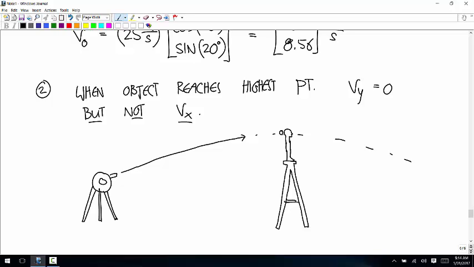And if you think about what would happen, I think it makes it more plausible that the entire velocity is not equal to 0 at that instant, right? If the whole velocity was equal to 0 at the highest point, that baseball would be launched at 100 miles an hour and get to this point and just gently knuckle up against the back of your head and sit there, right?